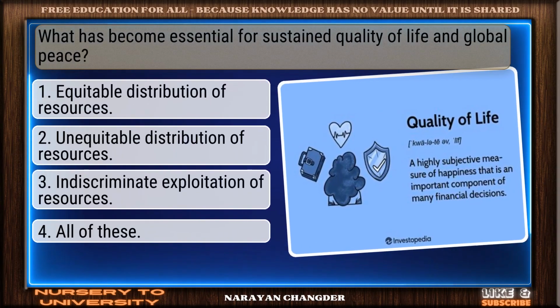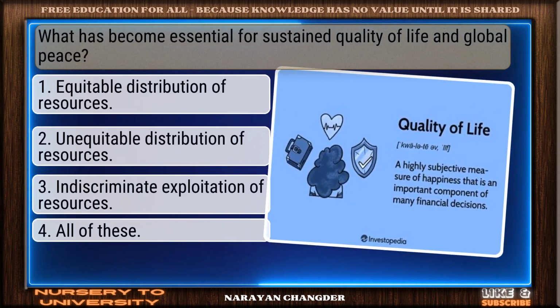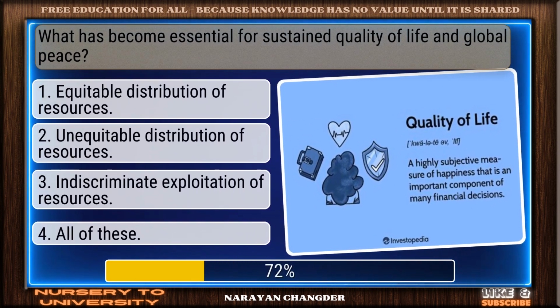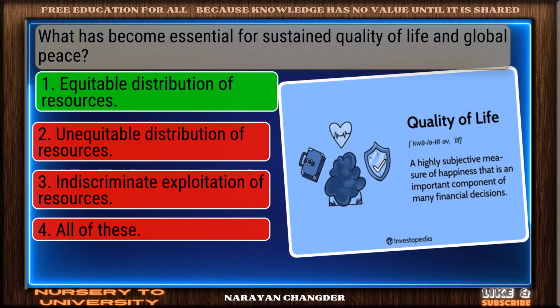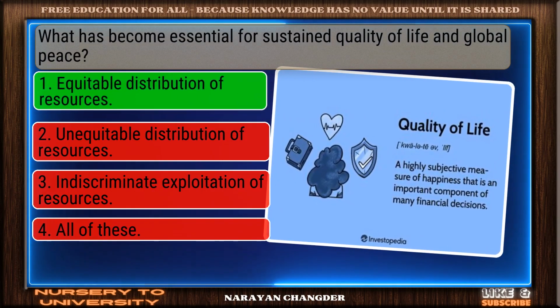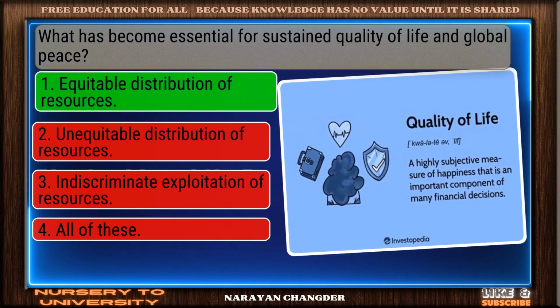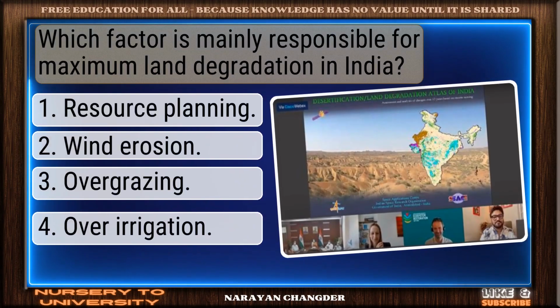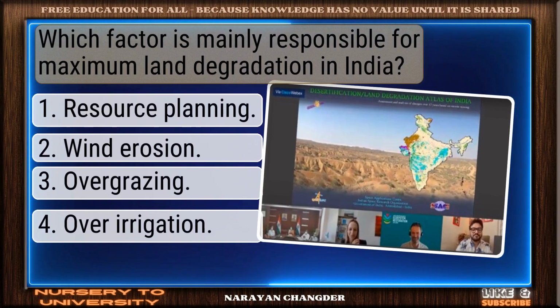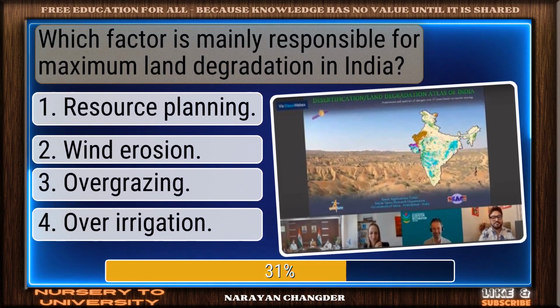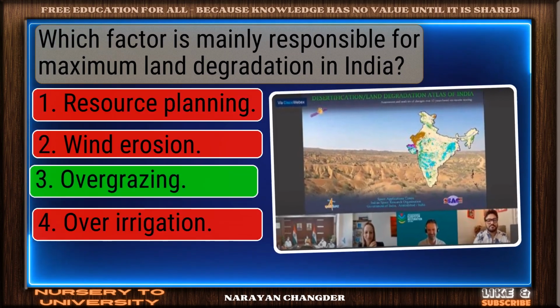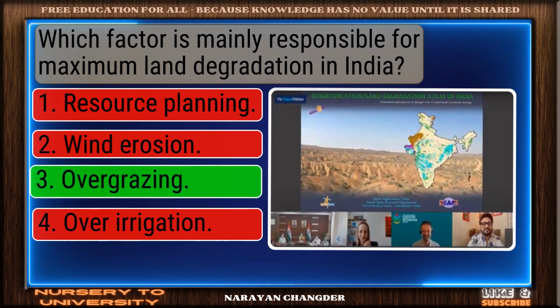What has become essential for sustained quality of life and global peace? Solid response. Equitable distribution of resources is valid. Which factor is mainly responsible for maximum land degradation in India? Valid point. Overgrazing is true.